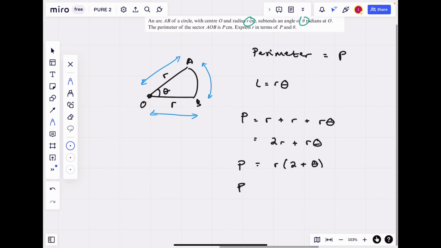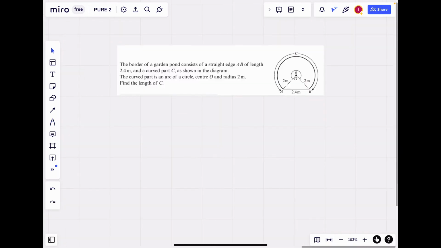So, if you make r the subject, that is your final answer. Okay. This question. I want you to give it a shot. See how you manage.